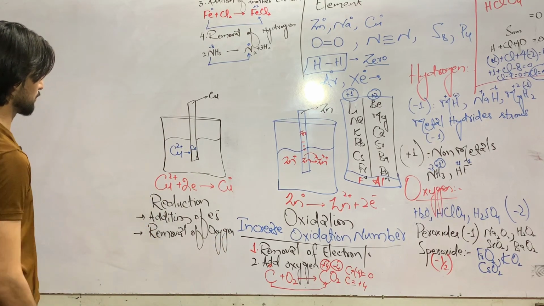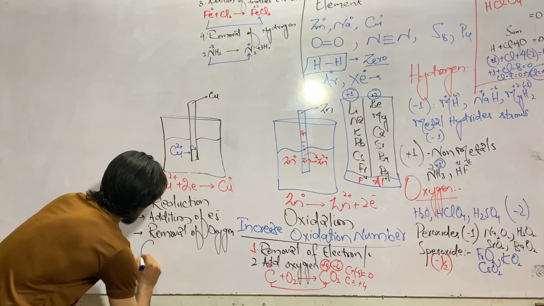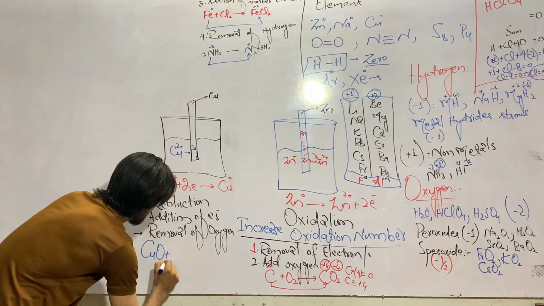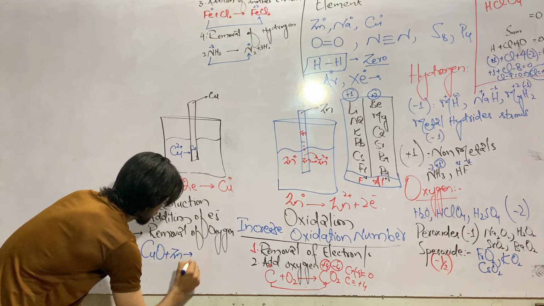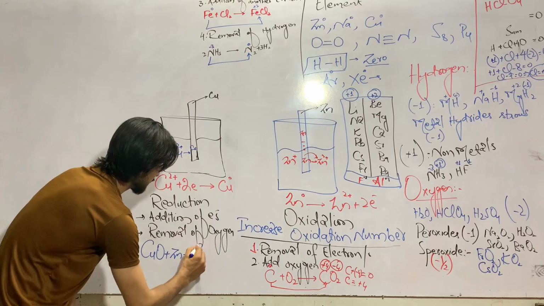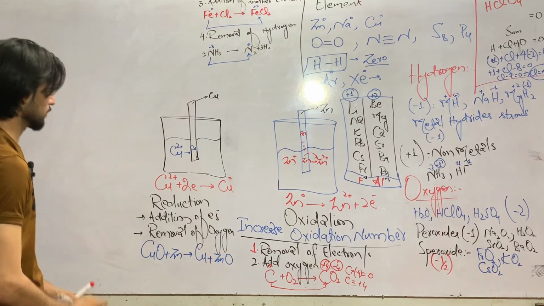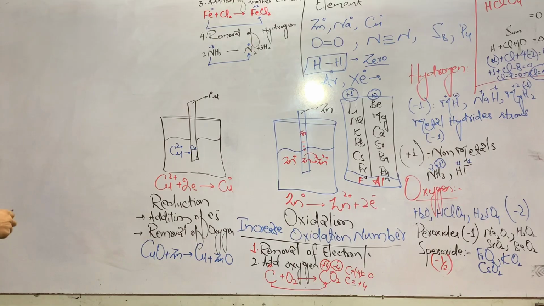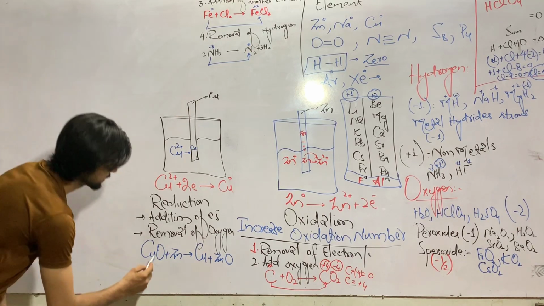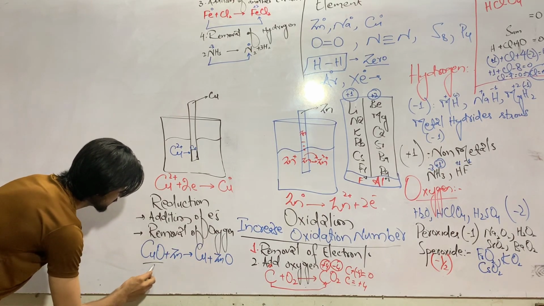Like, suppose I had copper oxide and I removed the oxygen from copper oxide and converted it into copper atom, plus zinc oxide. Here you can see that oxygen has been removed.